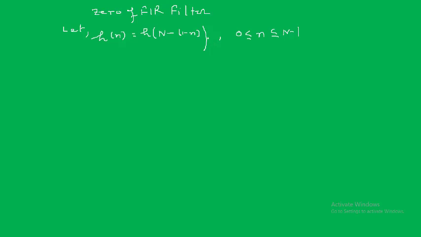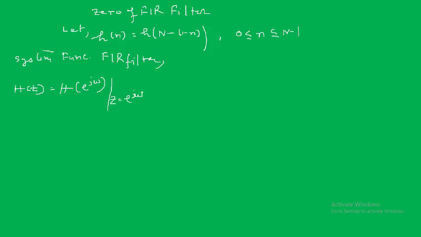Now if we consider the system function of the FIR filter, we can write it in this way: H of z, that is equal to H of e to the power j omega, where z equals e to the power j omega.